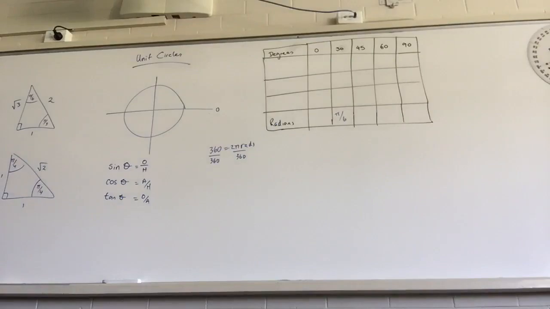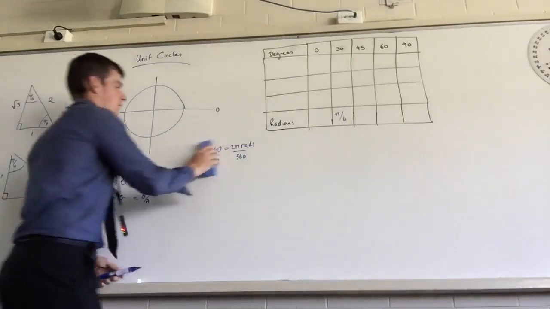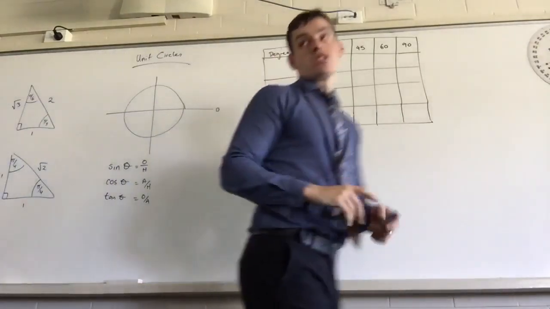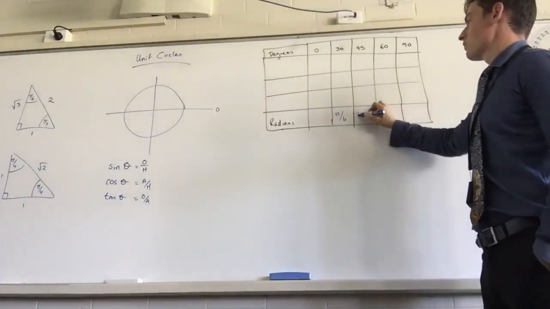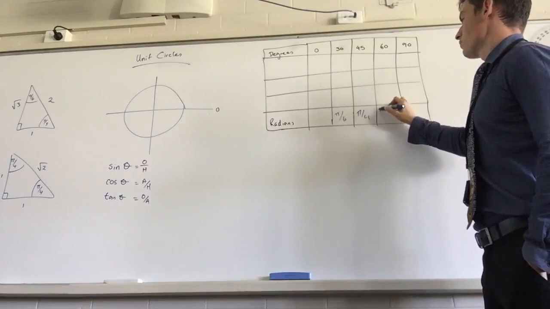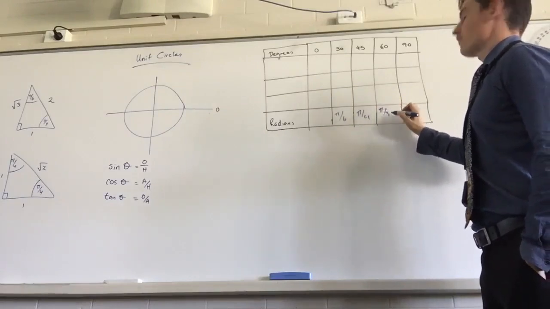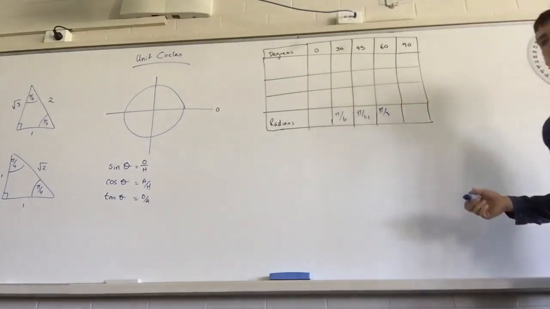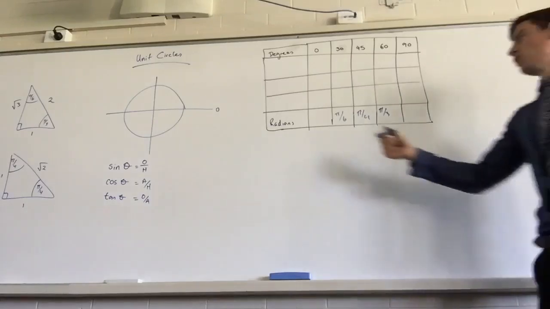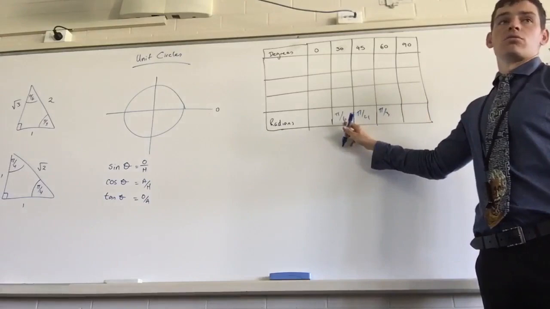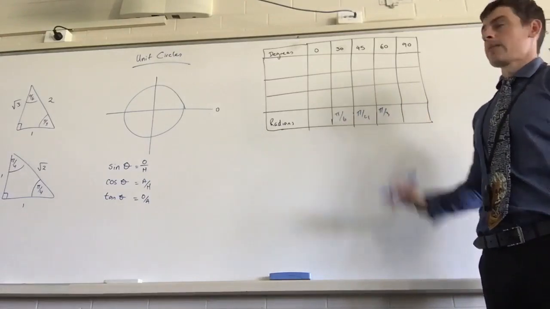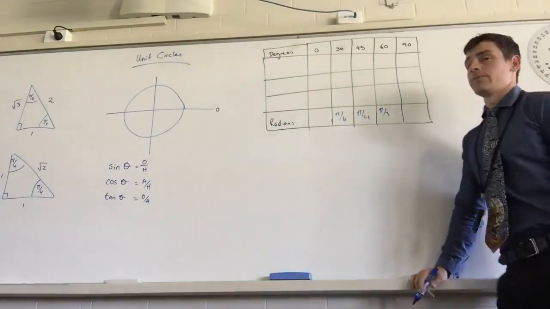When I said pi on 180, where did that come from? It's just simplified. Sweet. So that's pi on 6, this one is? And this one is? To be honest, if you're doing it enough, you should be able to remember those. That's a good indicator. If you're doing enough practice, you'll be that familiar with those, and you'll know that pi on 6 is obviously the smallest amount.